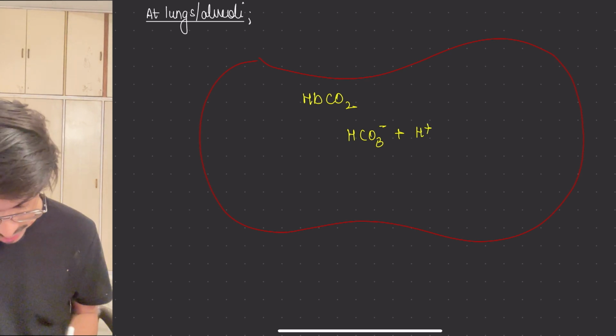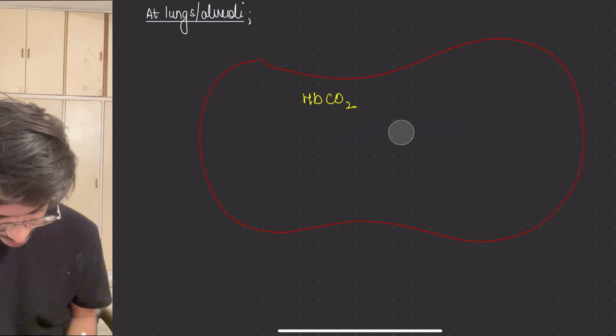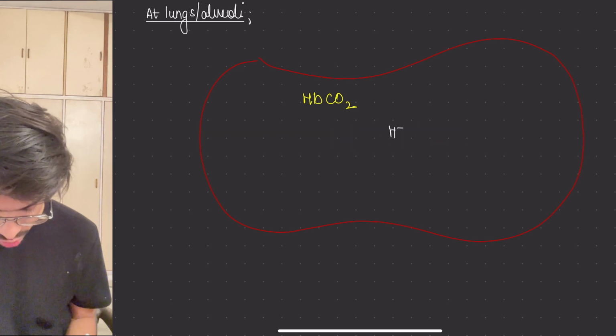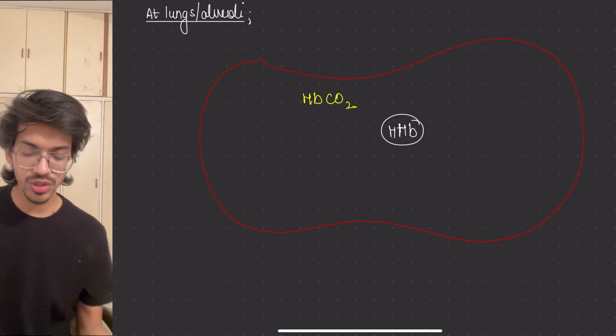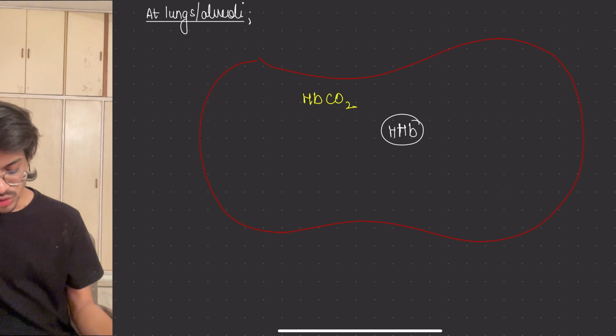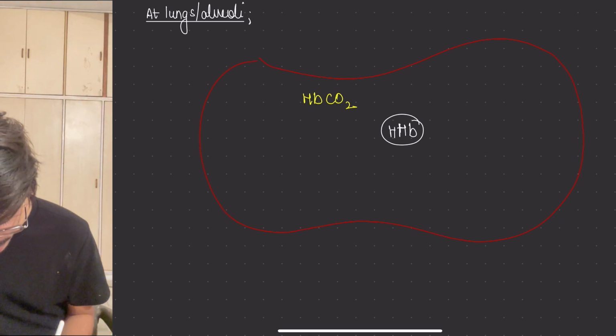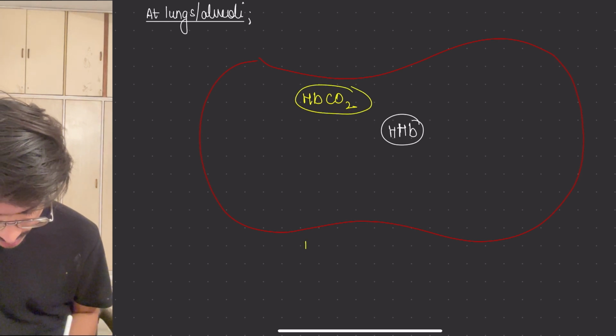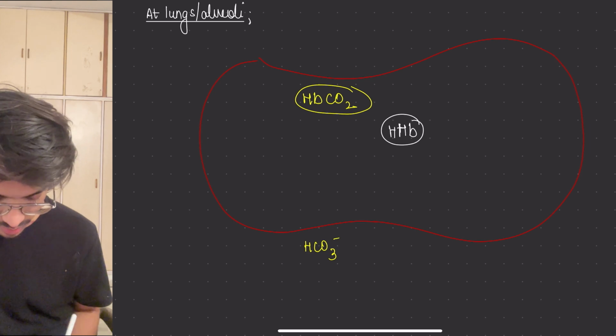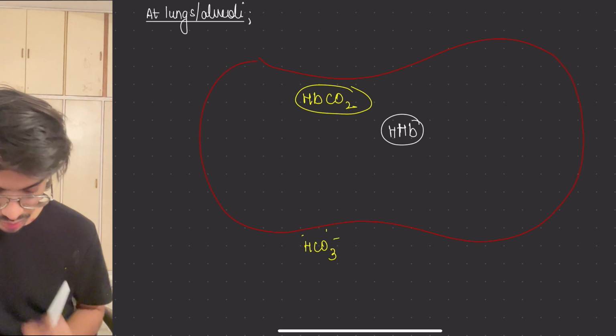What is present is H positive joined with hemoglobin, forming a protonated version of the hemoglobin. And outside, HCO3 negative is present in the plasma, because it goes out because of the chloride shift.